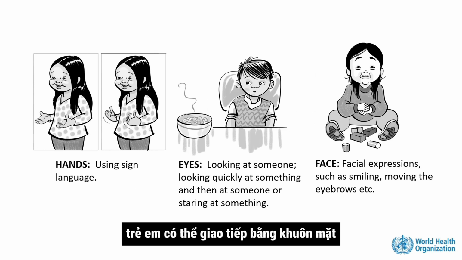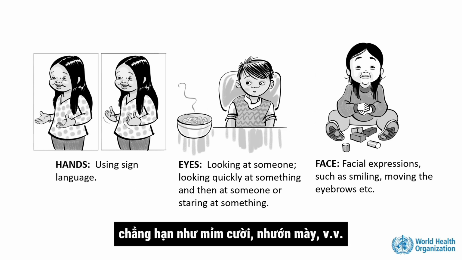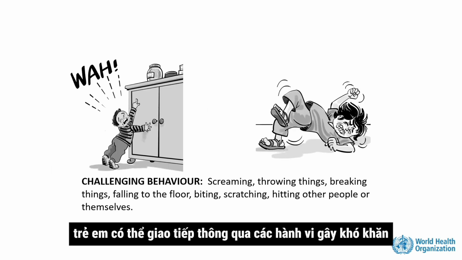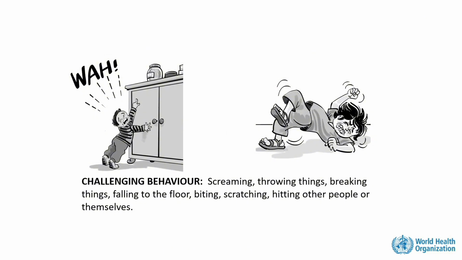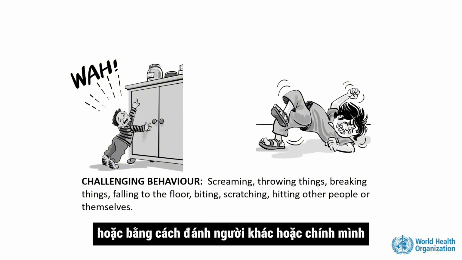Children can communicate with their faces by using facial expressions such as smiling, moving the eyebrows, etc. Children can communicate through challenging behavior by screaming, throwing things, breaking things, falling to the floor, biting, scratching, or by hitting other people or themselves.